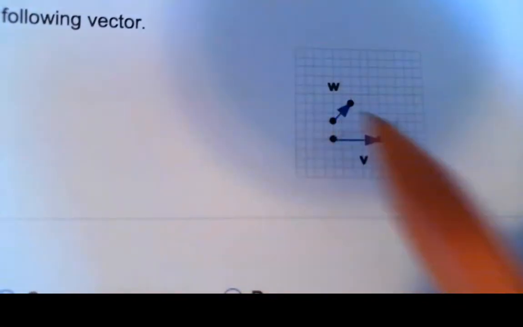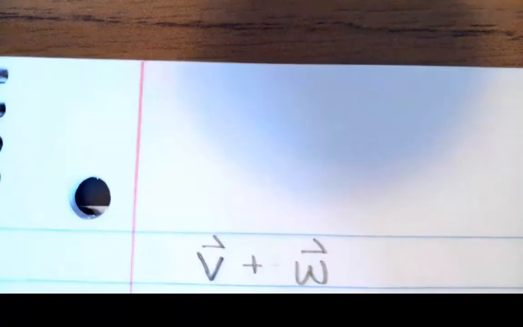So what I can do is say, if I want to know what v plus w is, so I know I'm like zoomed in. So if I want to know what vector v plus vector w is, what we're going to do is think about an airplane, okay? So the pilot gets on, v is first. So the pilot gets on the flight, he takes the airplane to his destination, and then he picks up a second flight, okay?